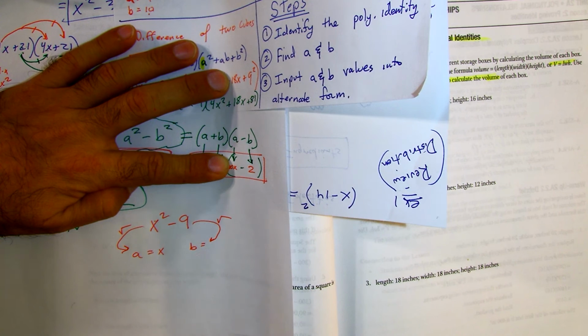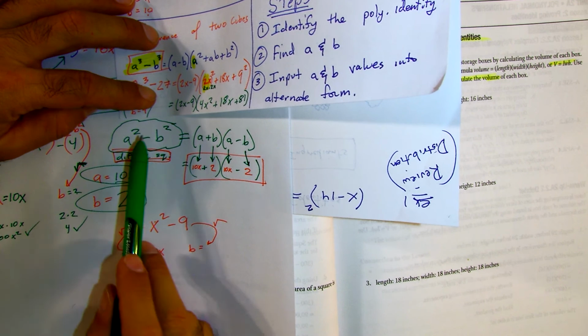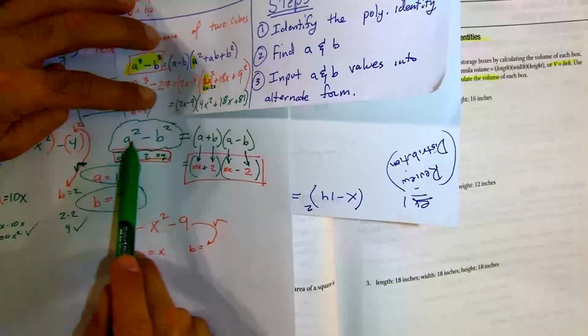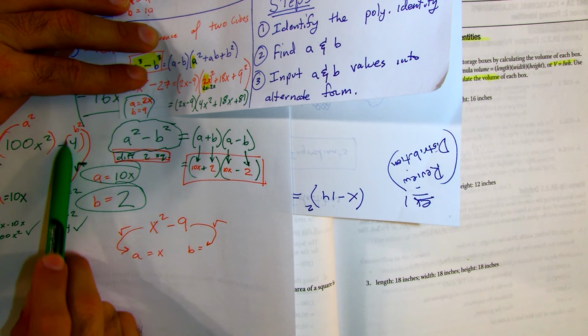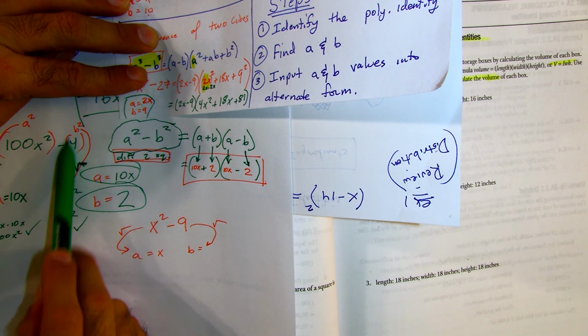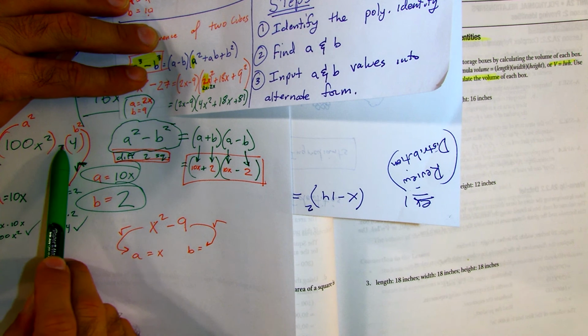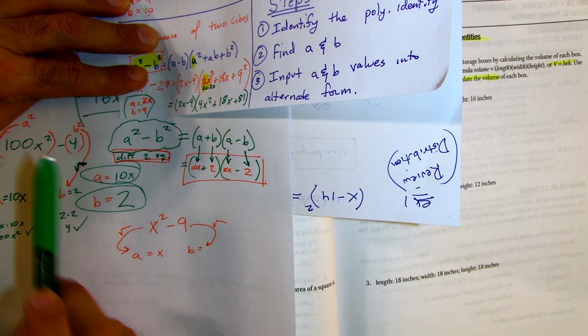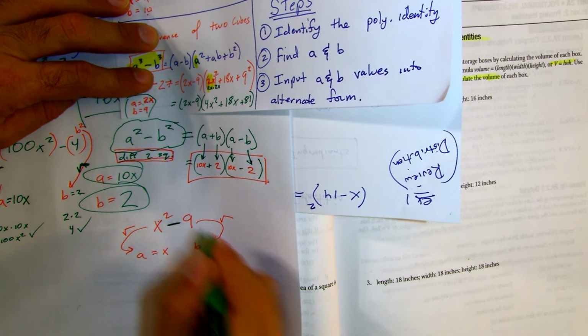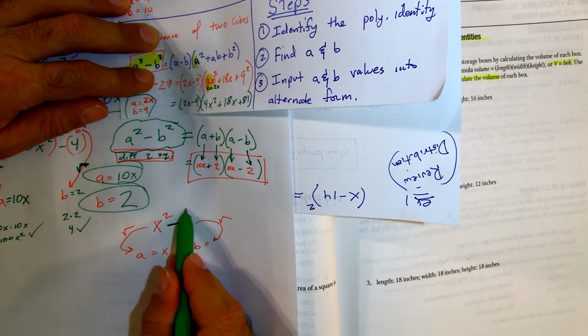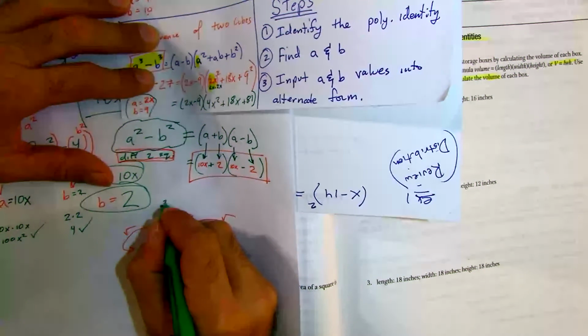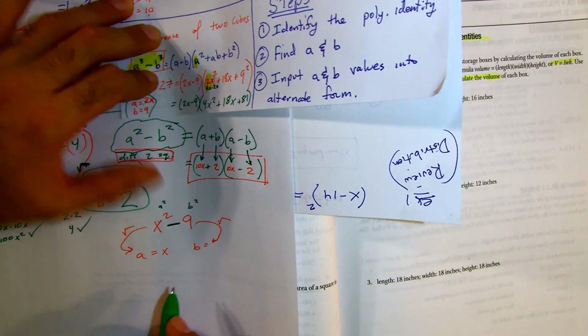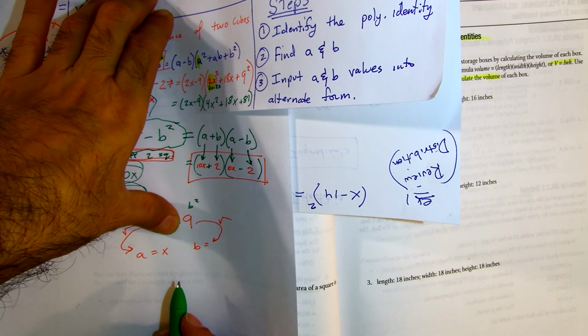Since we're dealing with the difference of two squares, we are assessing our b squared value separately from the subtraction going on. This subtraction here is not going to be viewed as part of the 9, because 9 is really our b squared. Subtraction is always in between them.